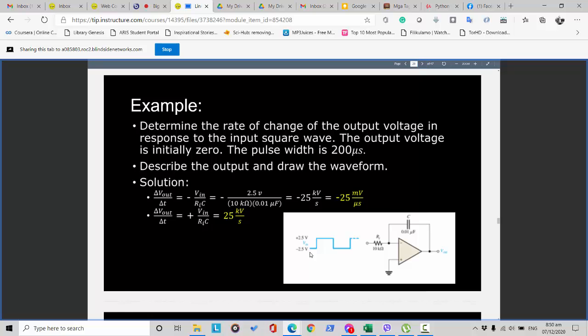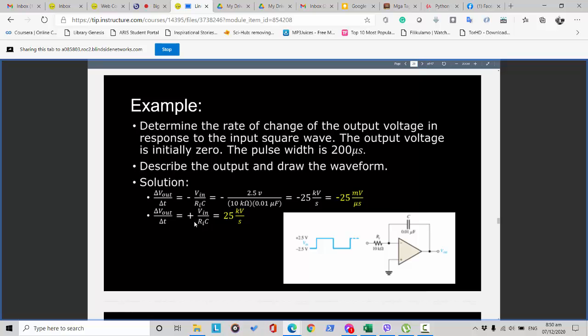Okay, this is not 25, this is 2.5. Positive 2.5 and negative 2.5. So that will be equal to negative 2.5 volts divided by the product of the input resistance, 10 kilo ohms, multiplied by 0.01 microfarad. So therefore we have negative 25 kilovolts per second, or negative 25 millivolts per microsecond.